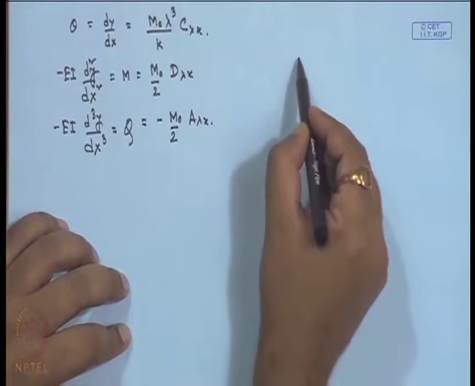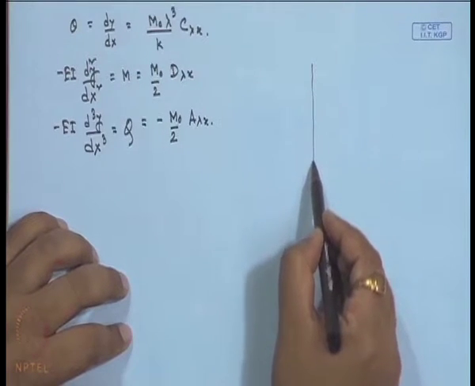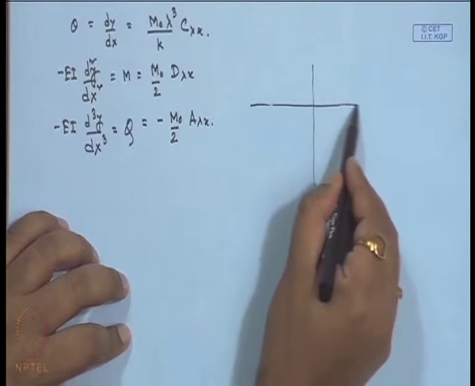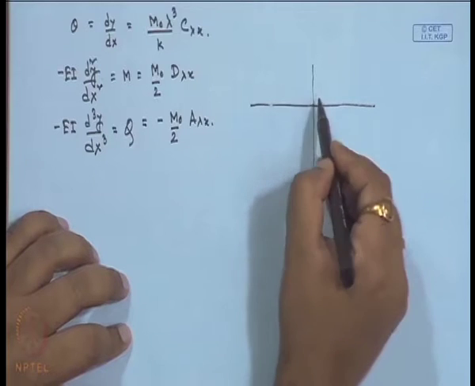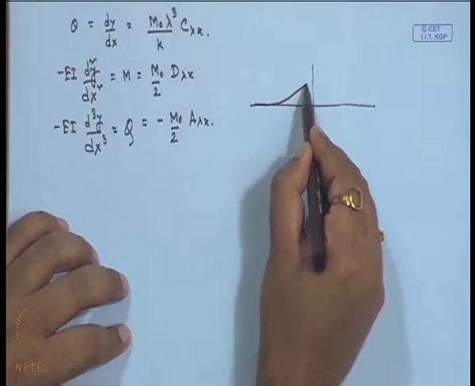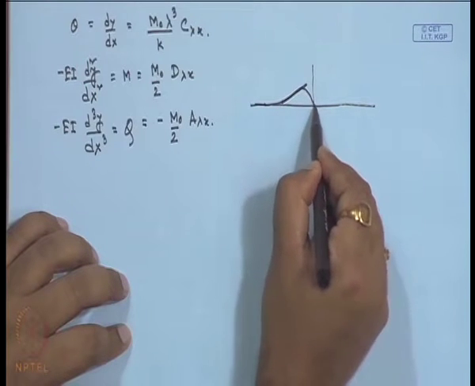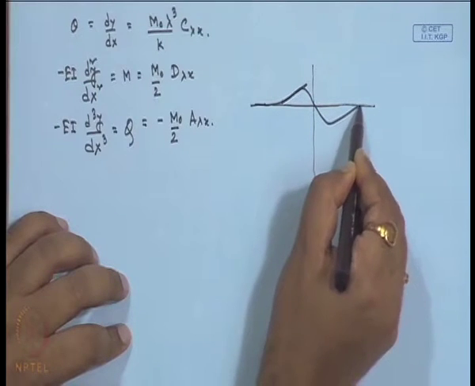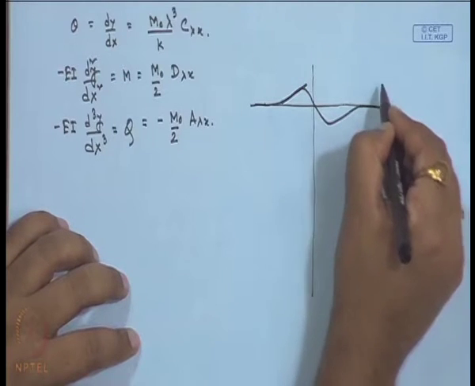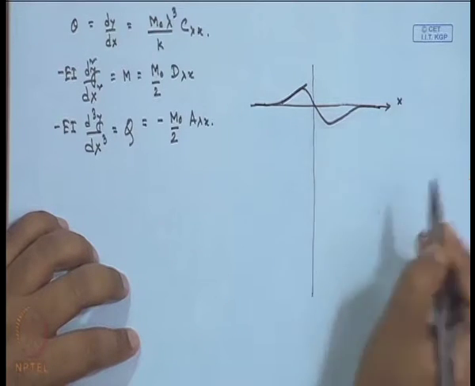Now, if I draw the deformation shape and the bending moment diagram of the beam. So, the deformation shape as it is subjected to moment, this is the deflection shape. So, this direction is O x.